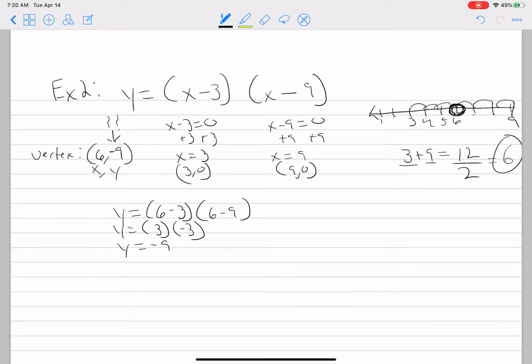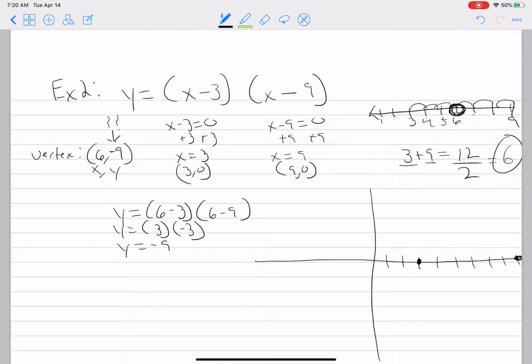Okay? So now I'm coming to here, and I get to see that we have x-intercepts at 1, 2, 3, 4, 5, 6, 7, 8, 9. So we have an x-intercept at 3, and we have an x-intercept at 9.